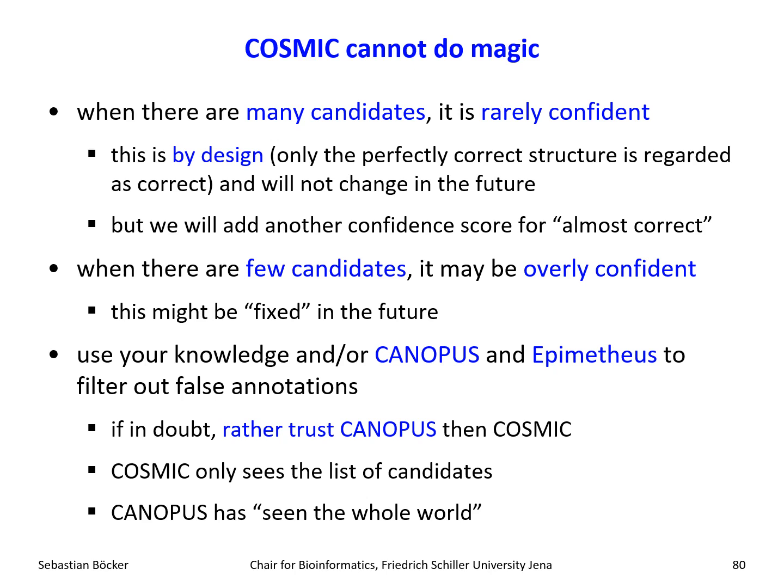In doubt, Canopus is correct, because Canopus, during its very complex training, it's very complex setup and so on, it has seen the world of all the structures, more or less. I mean, at least very many million structures that it bases its decision on. Whereas Cosmic, it is at that point only seeing the structures which you presented as candidates from the molecular structure database. So there's good reasons why Cosmic sometimes goes wrong.